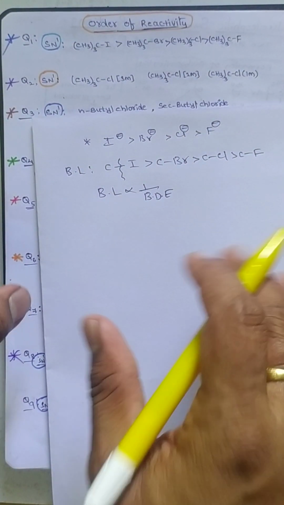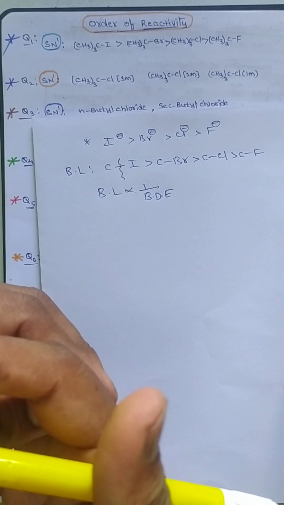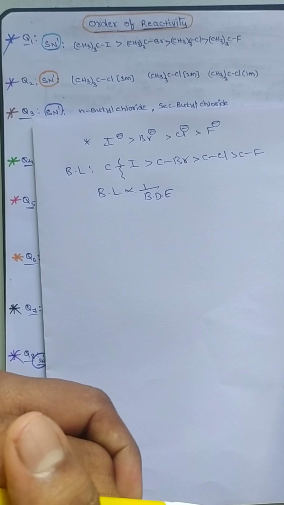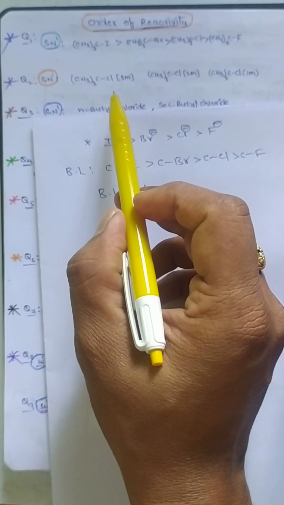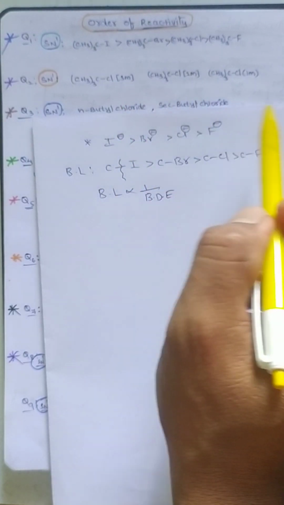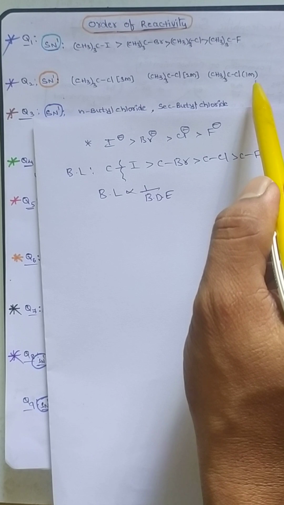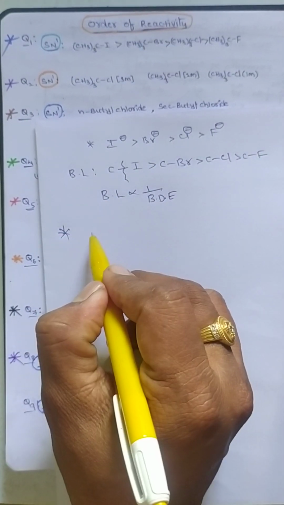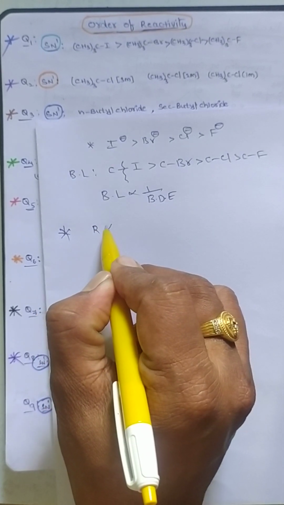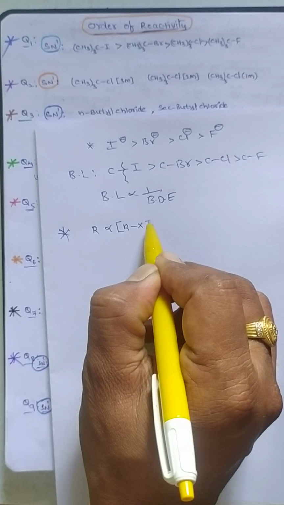Next, the second case. Here also, all are 3-degree alkyl chlorides. But what is given here? This alkyl halide is given in 3 molar concentration, this is 2 molar, and this is 1 molar. Already we know that in the SN1 reaction, the rate of reaction is directly proportional to the concentration of the alkyl halide.